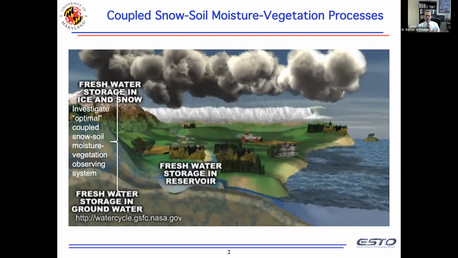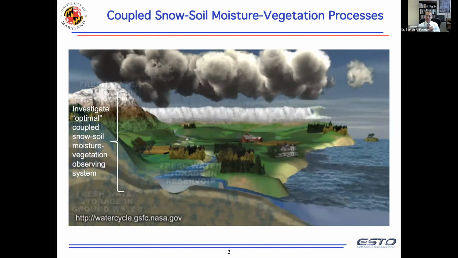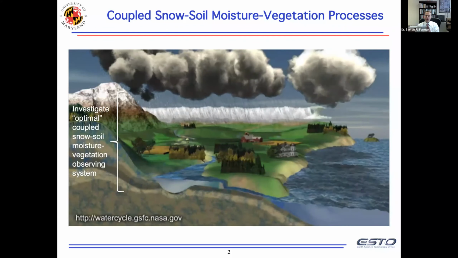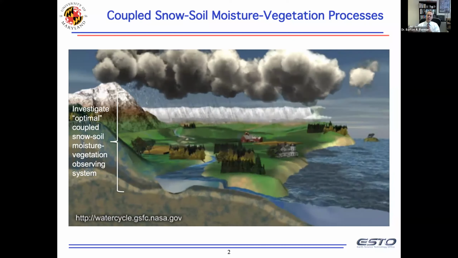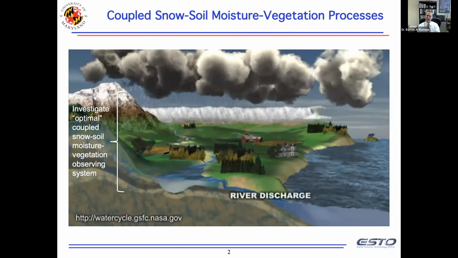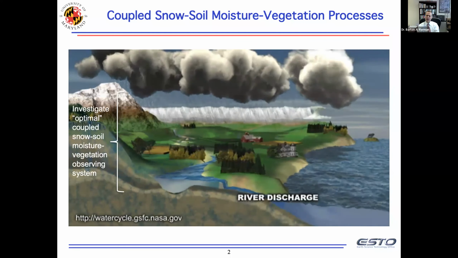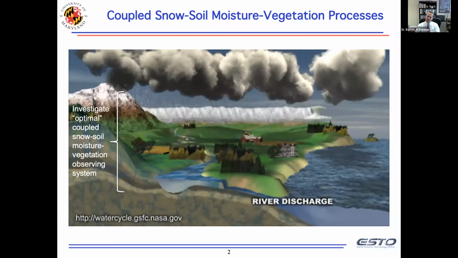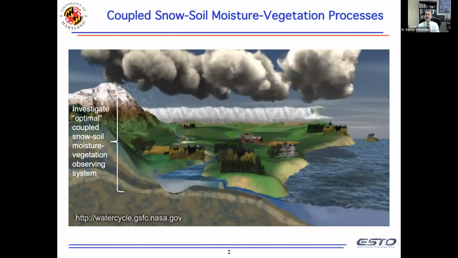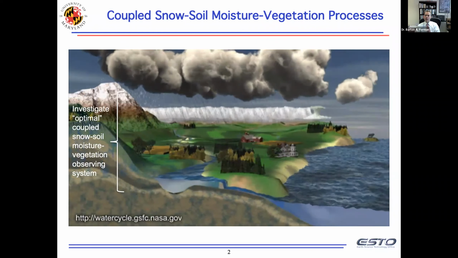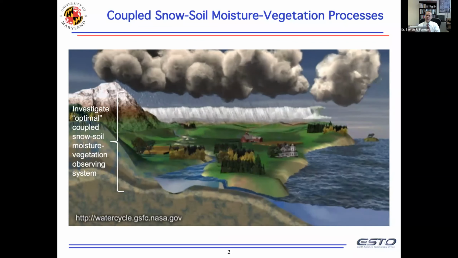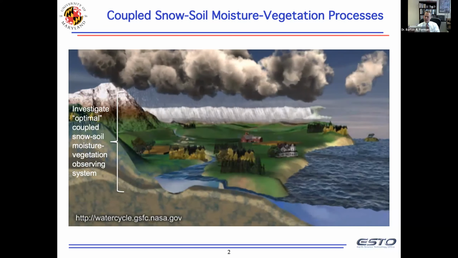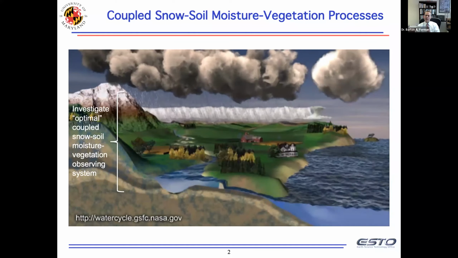Very often, snow is studied independently from soil moisture or vegetation, or soil moisture is studied independently from snow or vegetation. Often one of these three components is studied independently from the other two. But in reality, if we want to make measurements from space and say make measurements of soil moisture, we need to know something about the overlying vegetation over that soil moisture, because the vegetation can be noise in our signal.